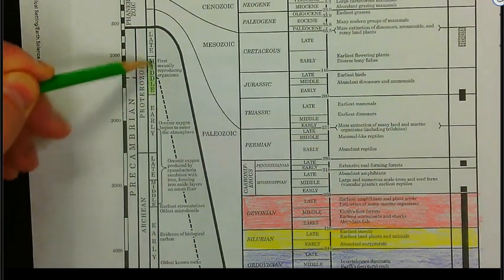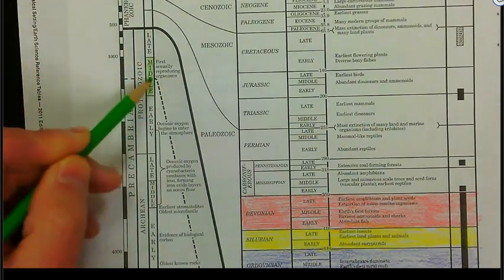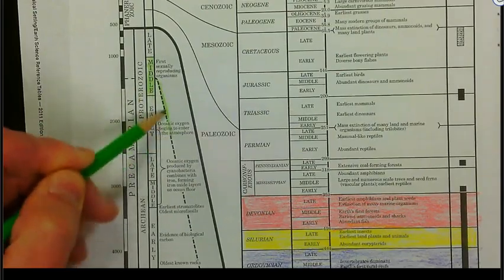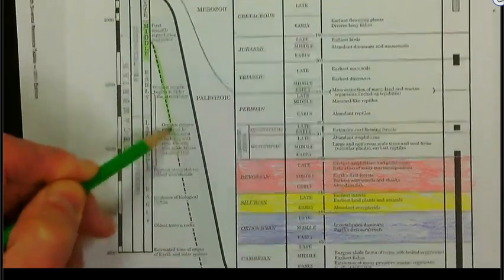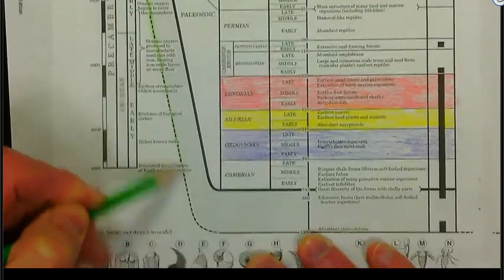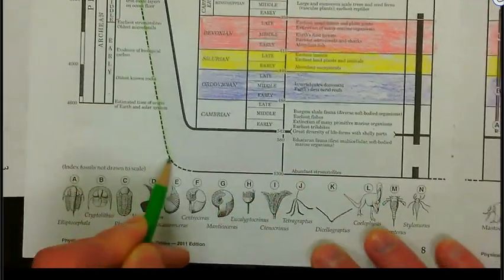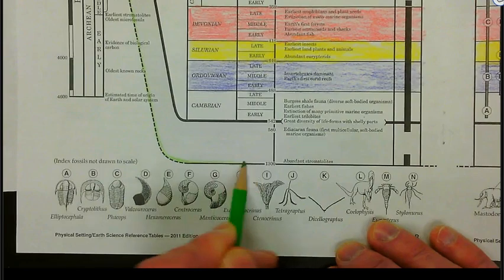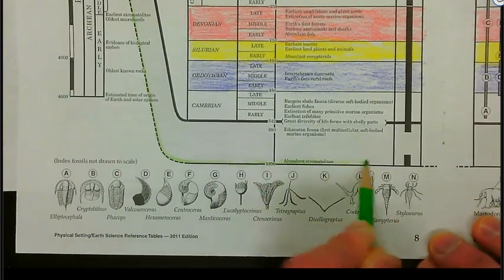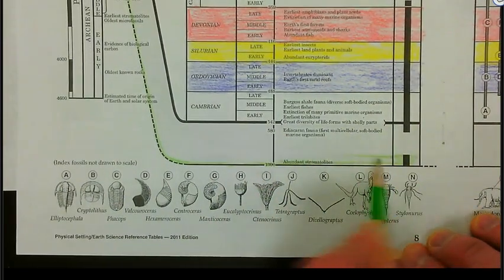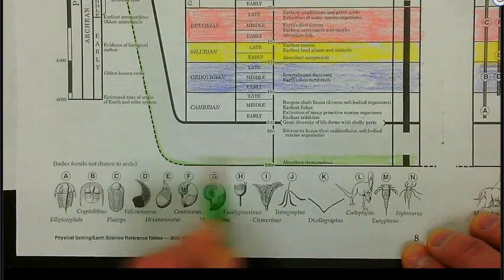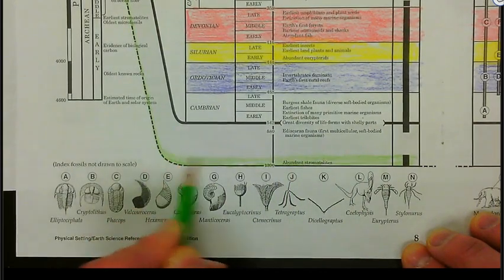These rocks right here from the middle Proterozoic. Remember how this heads on down to the expanded area. And we're talking about these rocks here. So much older than Devonian, Silurian rocks.